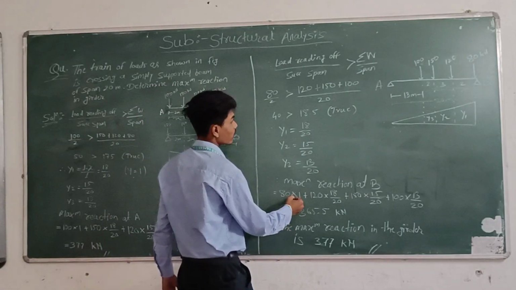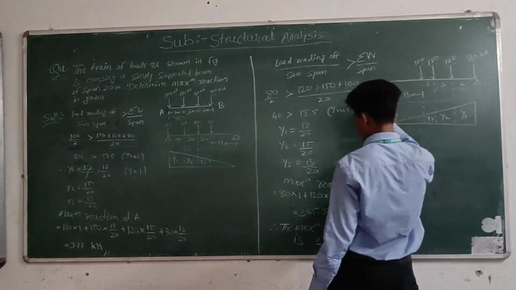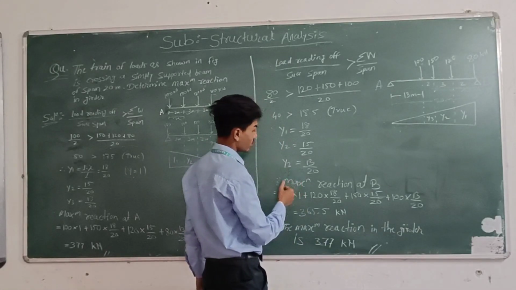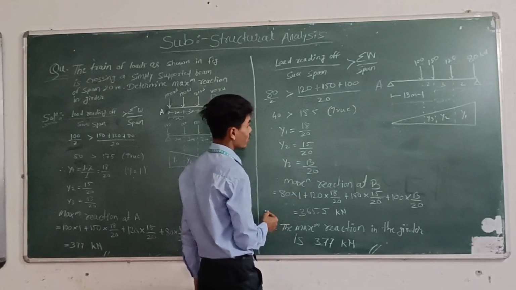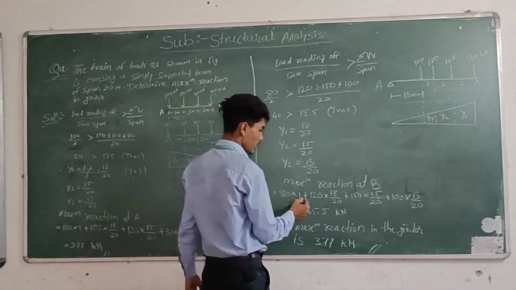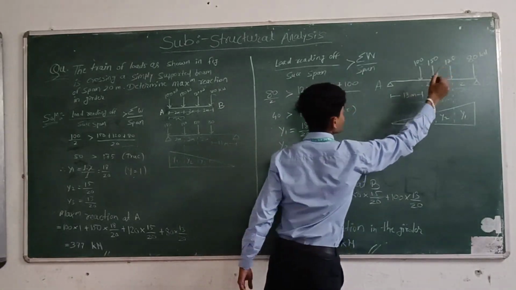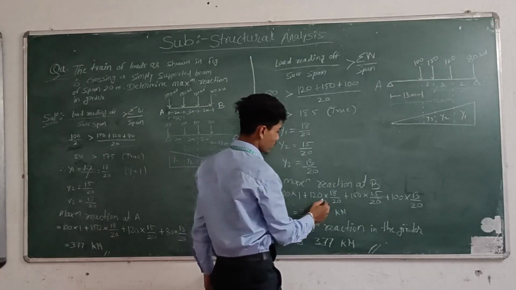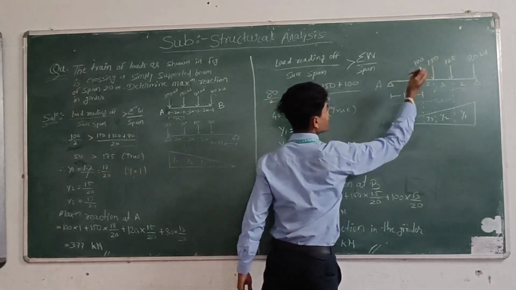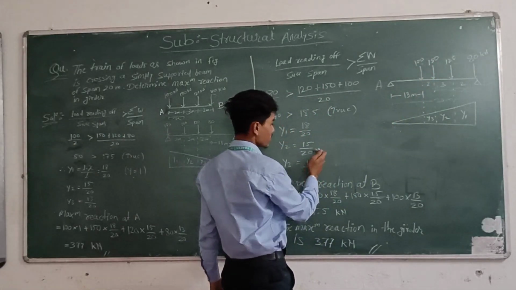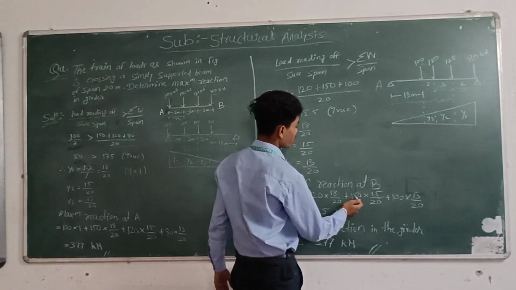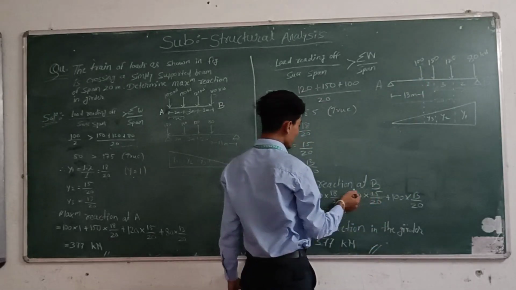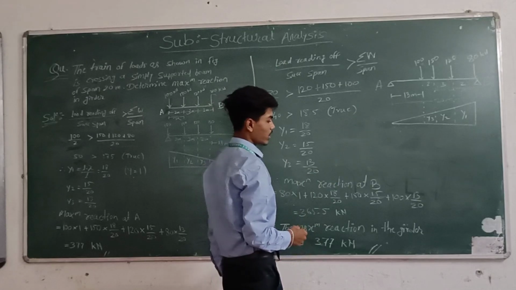As per the formula, we will go from right to left. First of all, 80 into y, which is 1, plus 120 into y1, where y1 is 18 by 20, plus 150 into y2, where y2 is 15 by 20, plus 100, the last load, into y3, where y3 is 13 by 20.